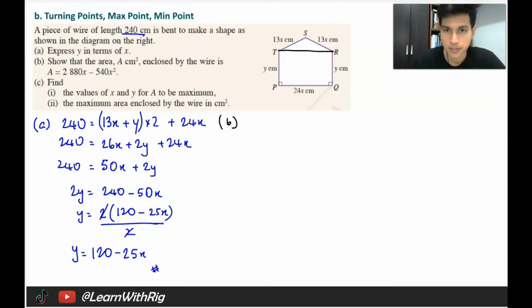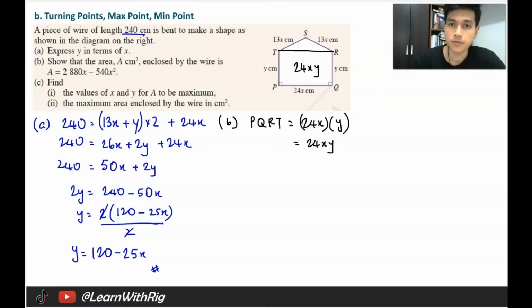So the area of the rectangle here is going to be 24xy, correct? So it's 24x times y, so it's 24xy. That's the first area, PQRT. Okay, let me write properly so that you all can understand. So PQRT equals 24x times y, so 24xy.